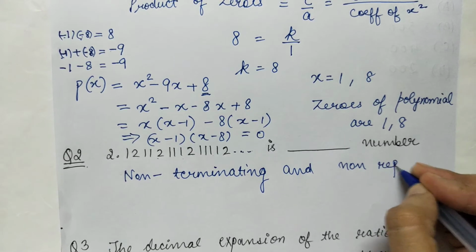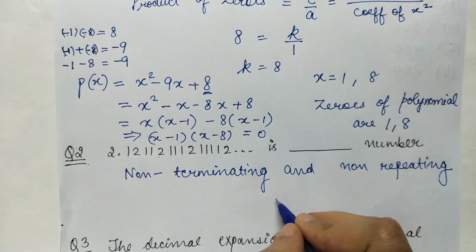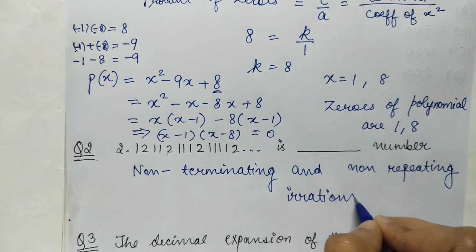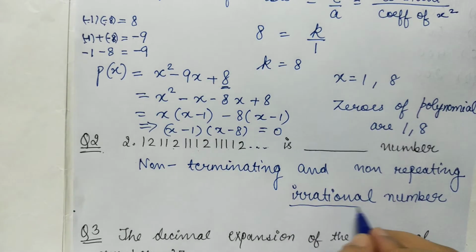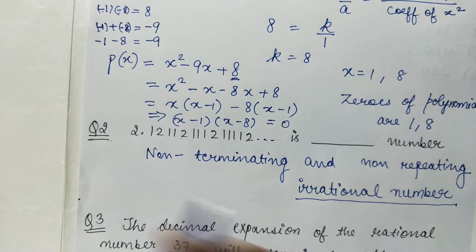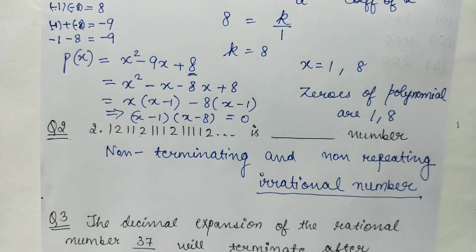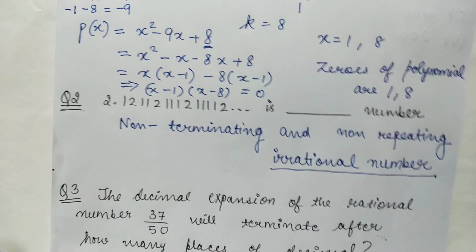Non-terminating, non-repeating decimal expansion is called an irrational number. So the answer for this is an irrational number.